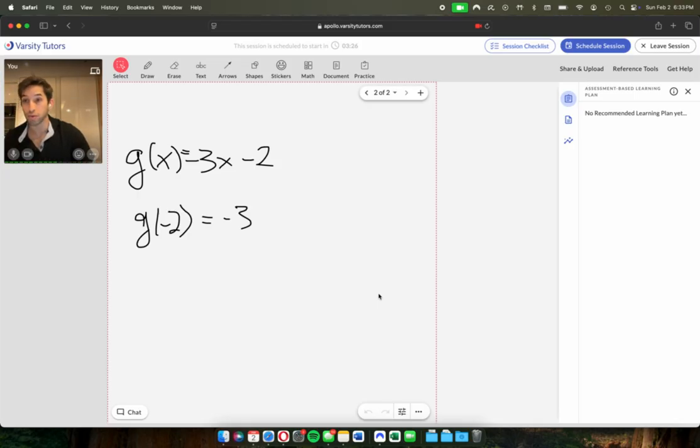Whenever we see x, we're just going to plug in -2 instead, always keeping track of those negative signs. I like to use parentheses, and I feel like that's the best way. So -3 times -2 is 6, then 6 minus 2. Nice. g(-2) is 4.